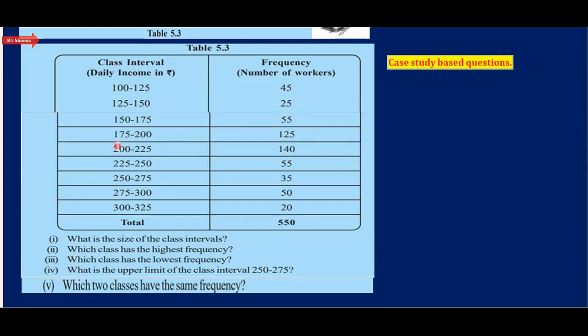Rupees 175 to less than 200, that is total 125 workers. 200 to less than 225 rupees, total workers 140. 225 rupees to less than 250, that is total workers 55. 250 rupees to less than 275 rupees, total 35 workers, and so on. These are given here. And now we have to give the answers to some questions here.